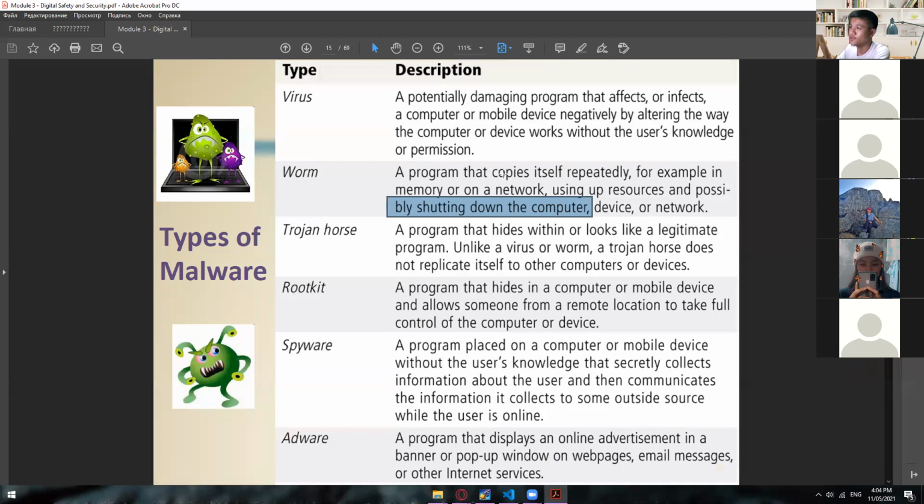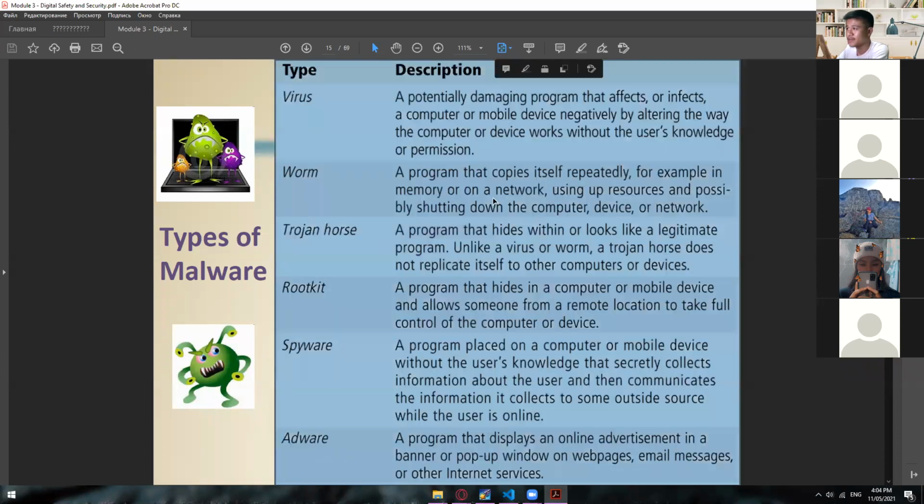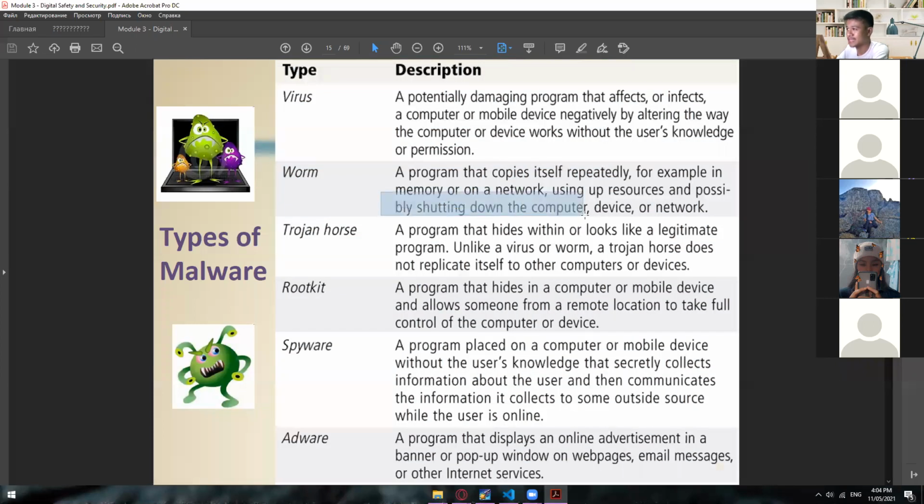That is because your storage or your memory is now being filled by the files created by this worm. Yes, it didn't destroy your data, but it just keeps on copying a certain file into your computer, which will lead your computer into shutting down. So that is the time when this one became harmful or unwanted to our computer.